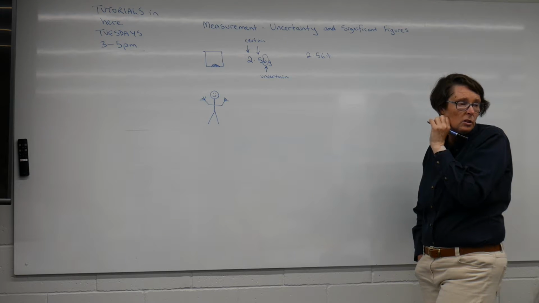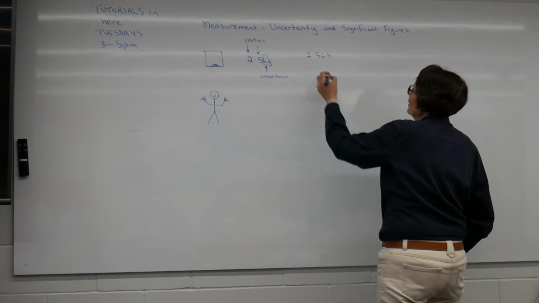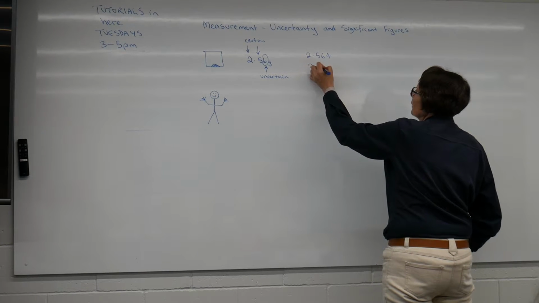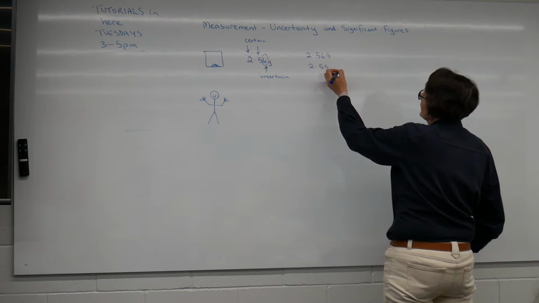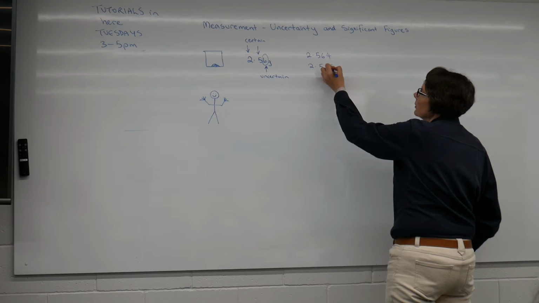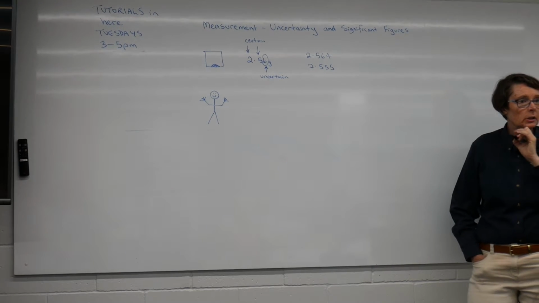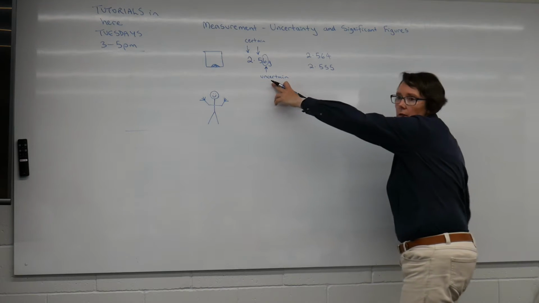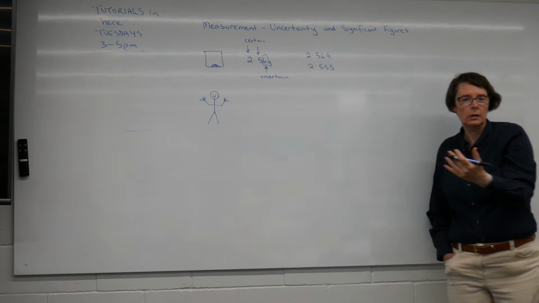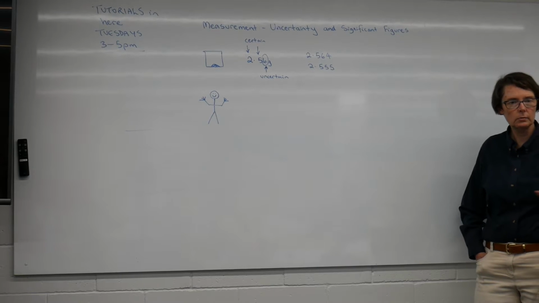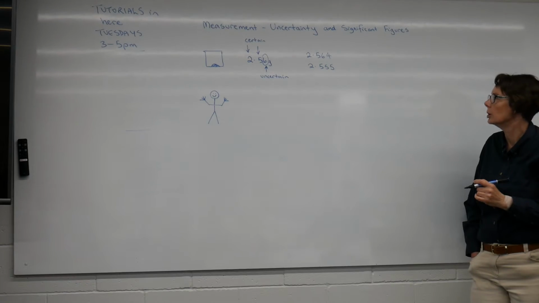Yeah? Because that would be rounded down. Or 2.555 would be rounded up, wouldn't it? So that's why this one's uncertain. Our last one is an approximate value, whereas the other ones are more certain.